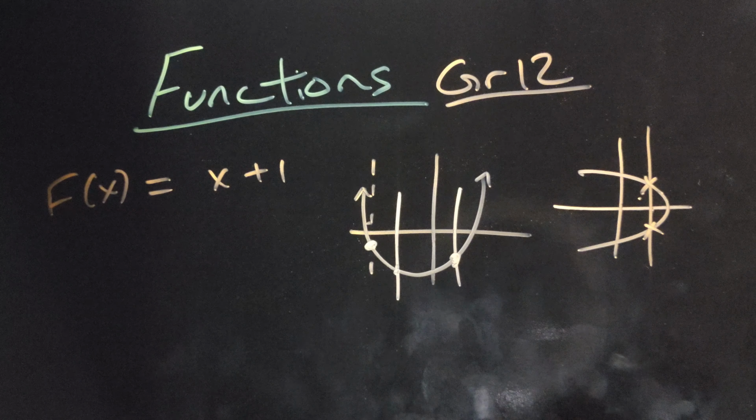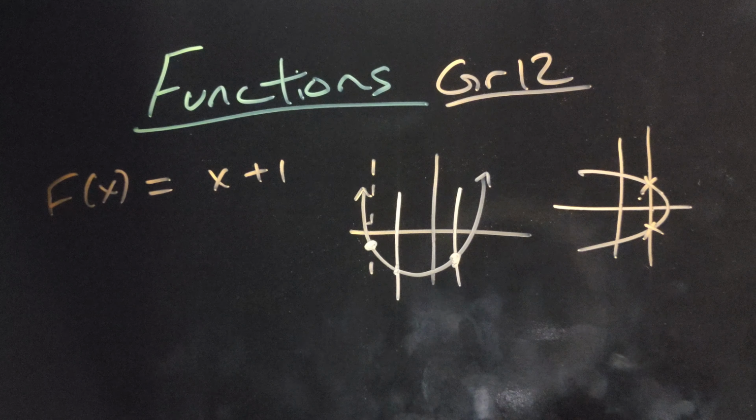Let's remember what absolute values are. If you remember, the absolute value of -3 is equal to 3, and the absolute value of 3 is also equal to 3.